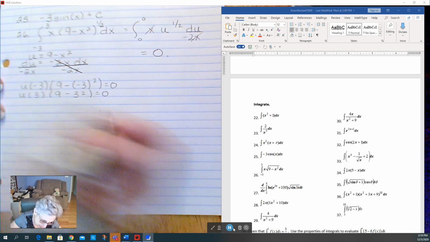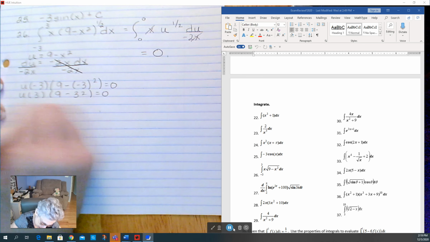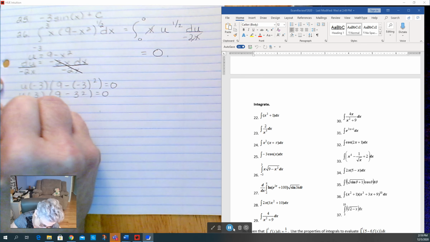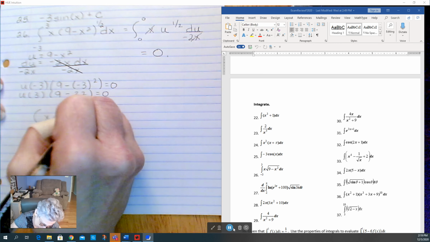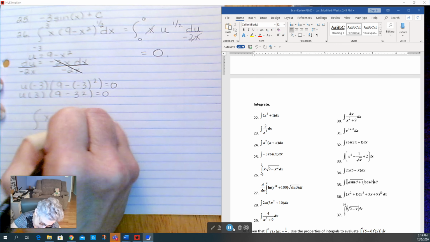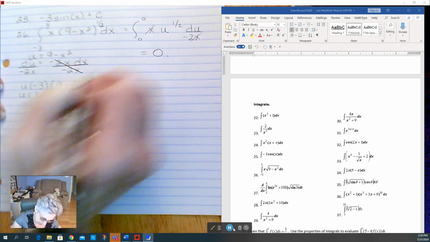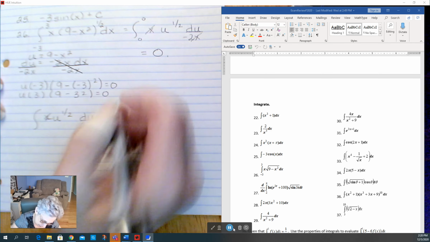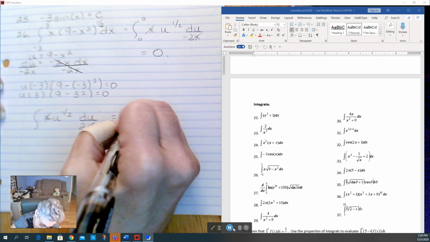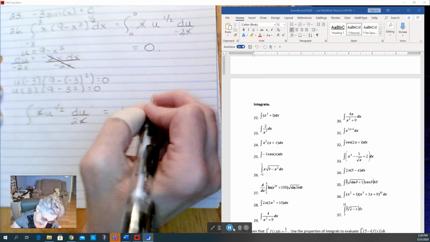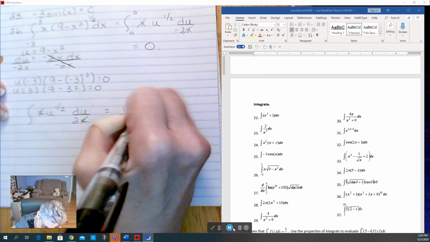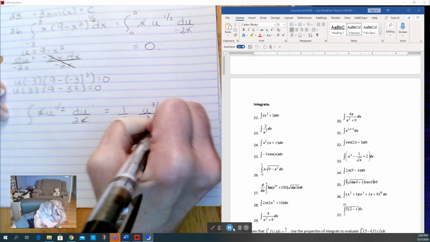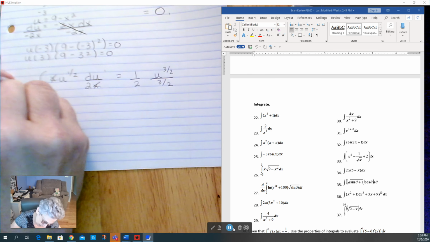So assuming I didn't update the limits of integration, I would say I have x times u to the 1/2 du over 2 times x. My x would cancel with my x. I would have 1/2, and I add 1 to the exponent, divide by the new exponent.